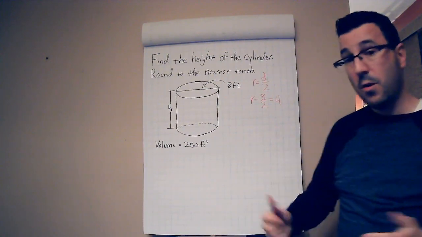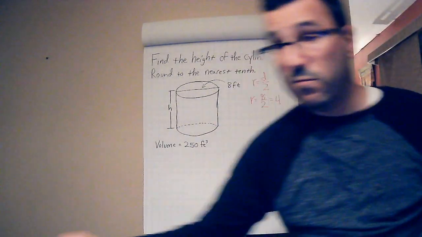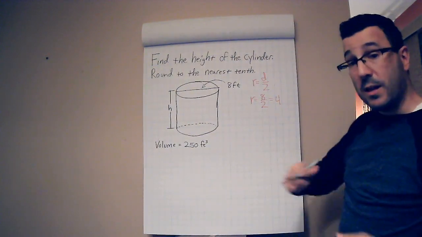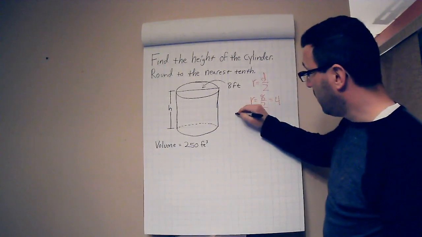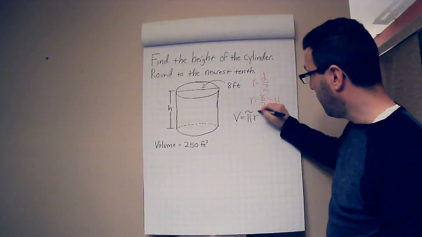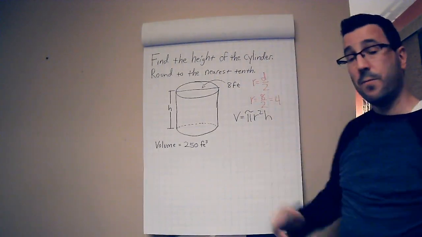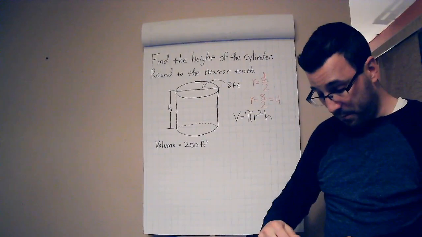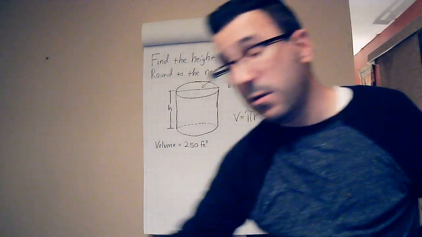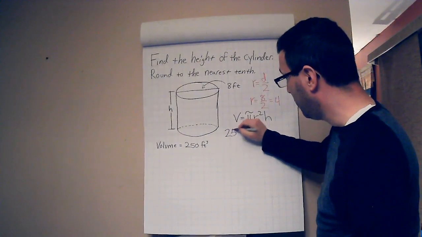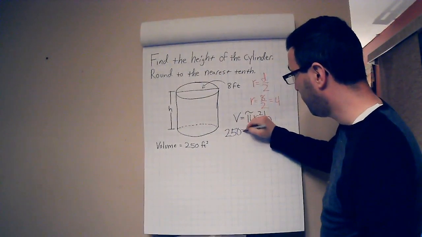So, what do we do? Well, we start off the way we're going to start off with everything. We're going to write down the formula. Volume equals pi r squared h. And now we're going to plug in what we know. Well, we know that the volume is 250, so I'm going to write that down. 250.